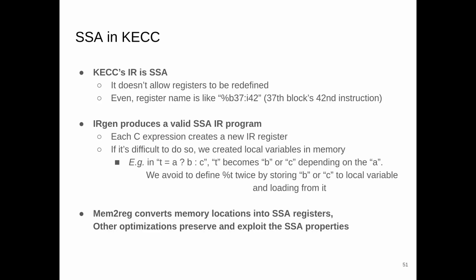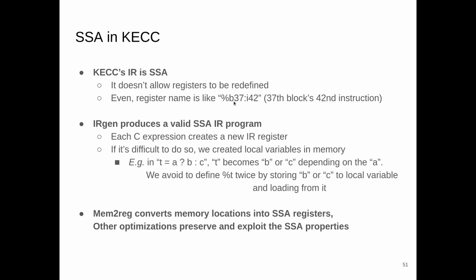One step further, in KECC's IR, even register names are canonically named like this. We use %x, %y, and so on as variables in the examples, but in the implementation of KECC, actually, all register names are canonically named like this: %b37:i42, which means that it is the register being defined at the 37th block, 42nd instruction.